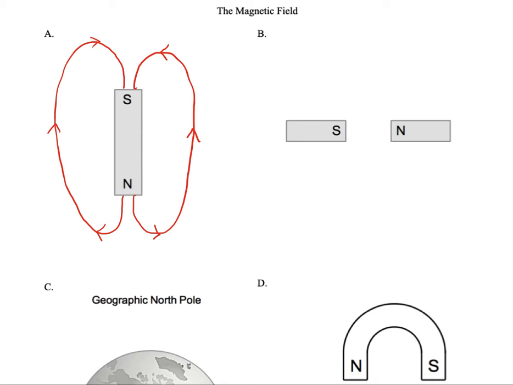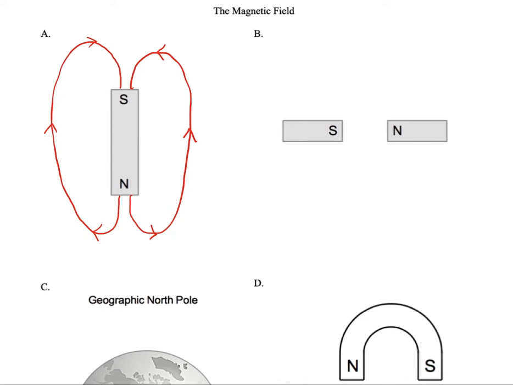Now, when it came to electric field lines, if you recall, I'll draw some on the side here. Electric field lines would point from a positive charge to a negative charge. And we could have lines that looked like this.